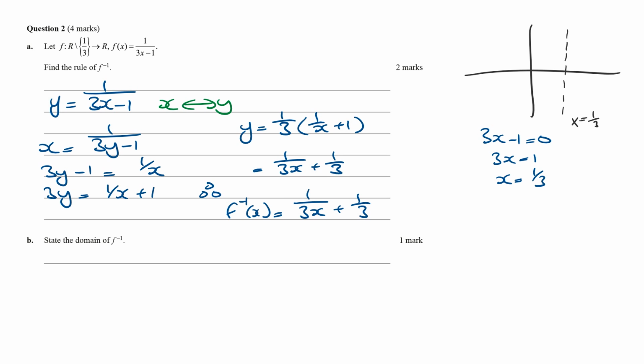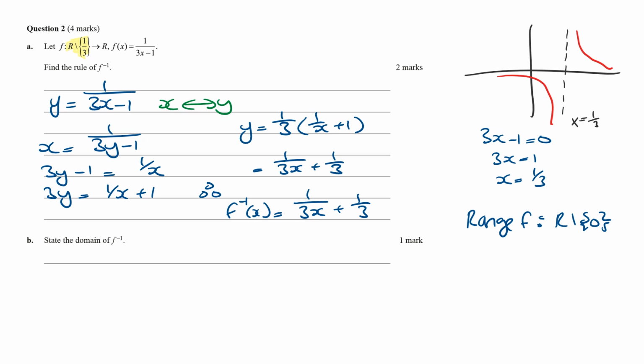The domain of f of x is all real numbers except when x equals 1 on 3, which is the maximal domain. So we need to sketch the full graph of f of x, which will be something like this. And so the range of f of x is going to be all real numbers except for 0.